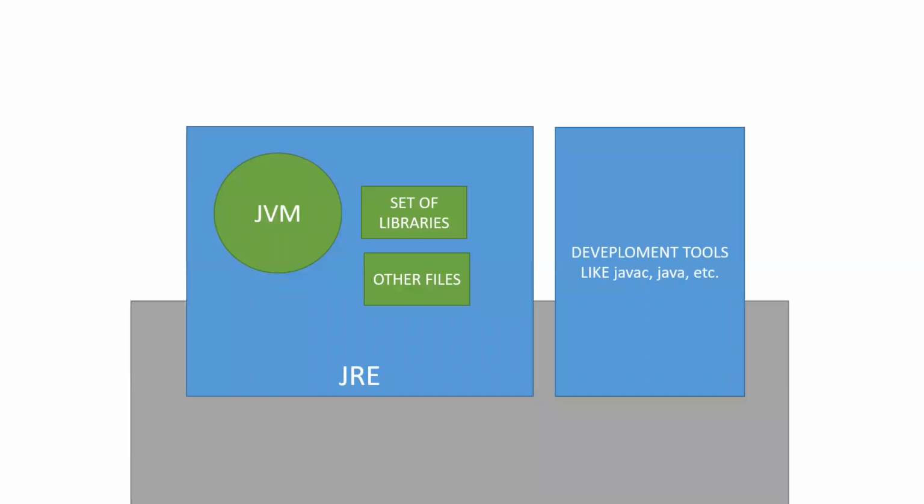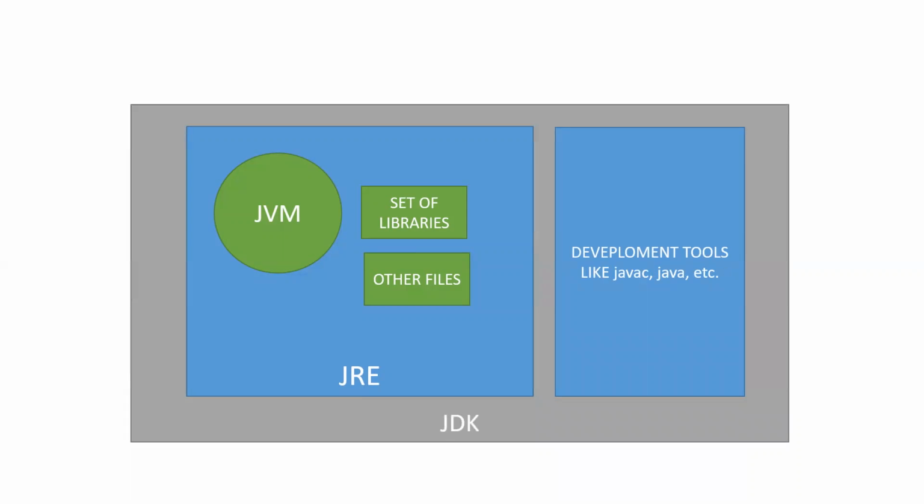So what is this? It is actually the Java architecture that we have shown you. In this, JVM, a set of libraries, and other files are clubbed together to form a JRE. JRE is again clubbed up with development tools to form JDK. So these three are actually present inside your system to allow you to use some libraries of your Java files.